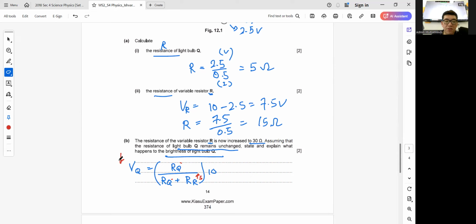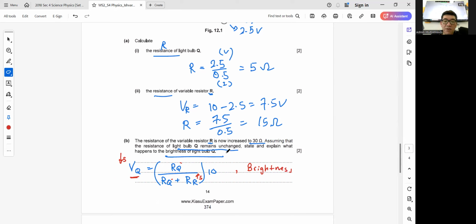It will decrease. So if VQ decreases, then what will happen to the brightness of light bulb Q? So the total resistance increases. Total resistance increases, yeah. But VQ decreases.